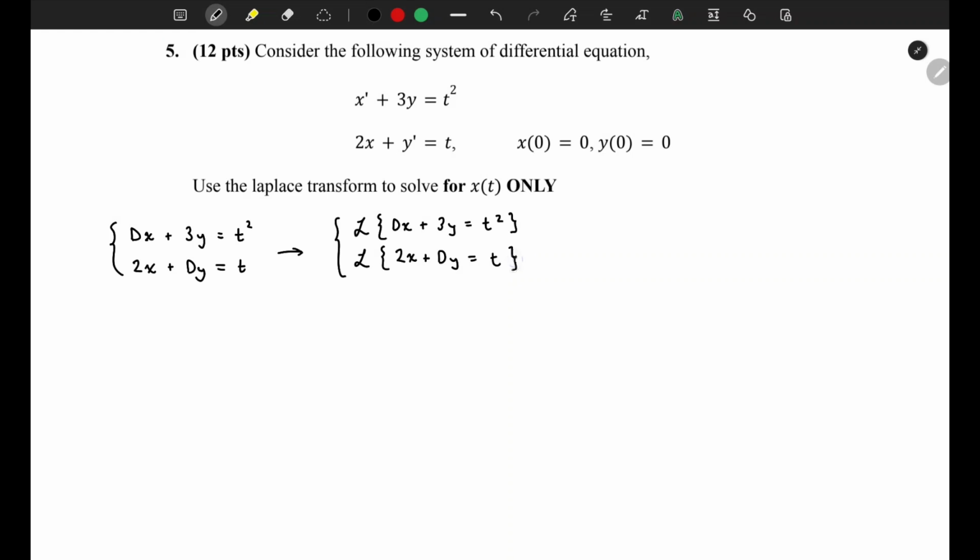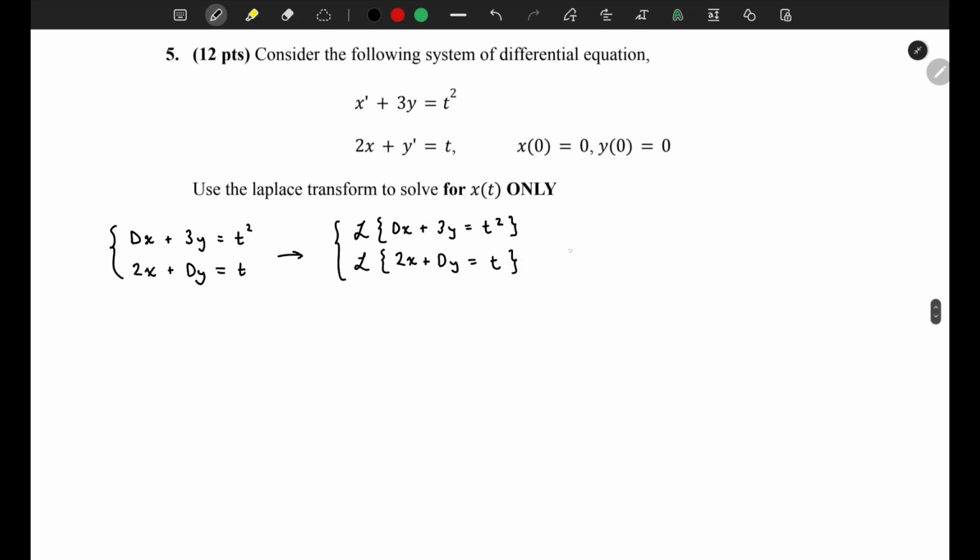So there we go, we're taking the Laplace of both of these. These are all on the formula sheet that's used for the exams in this class and in general.